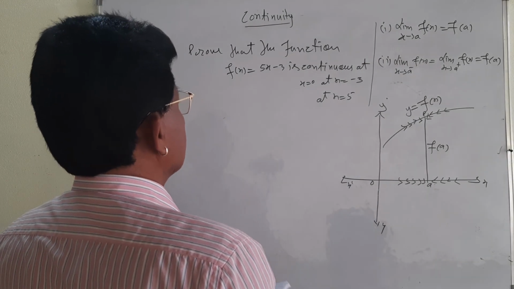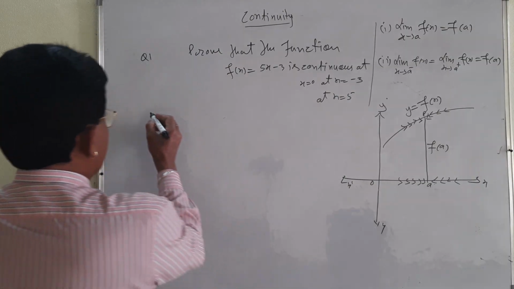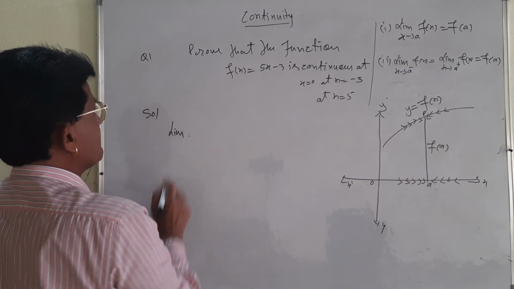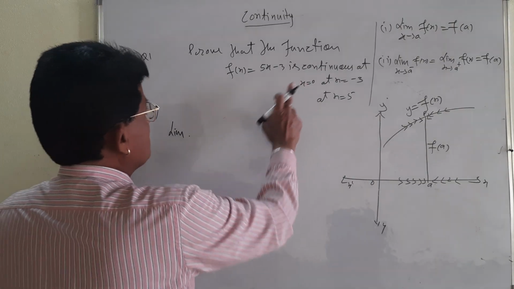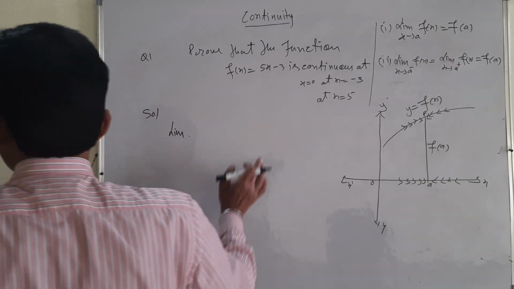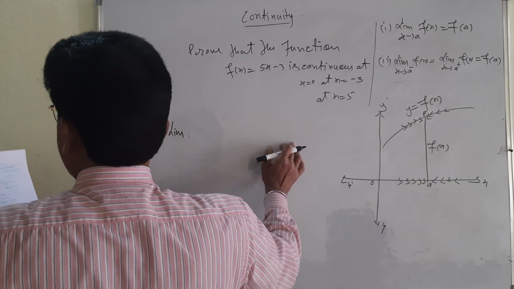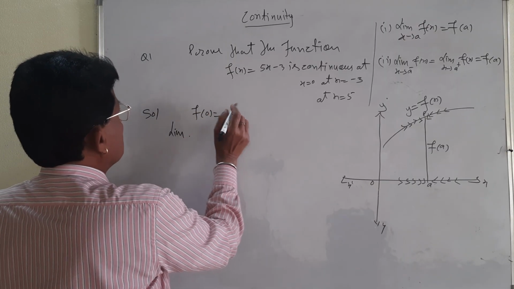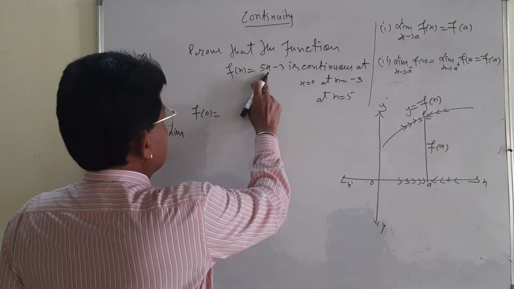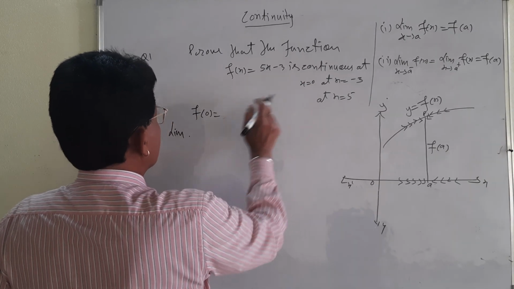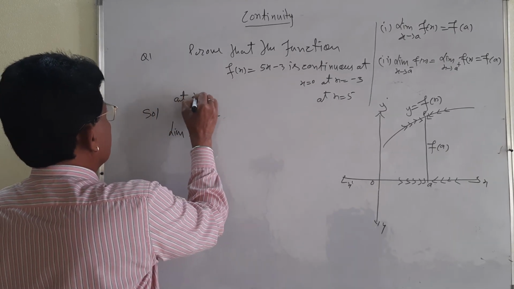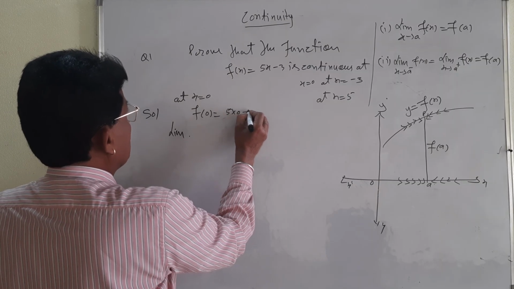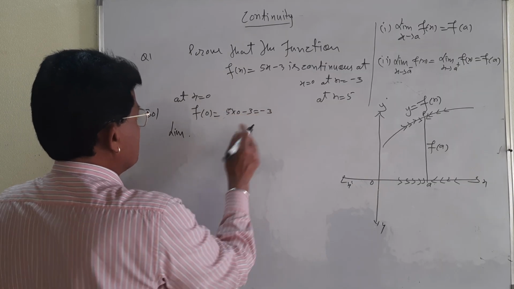How will you prove that this is a continuous function? A very simple question. Let me take x tends to 0. First of all, let me take the value f(0). In place of x, write 0, because at 0 I am going to discuss the values at x equals 0. f(0) means 5 into 0 minus 3, which will be equal to -3.